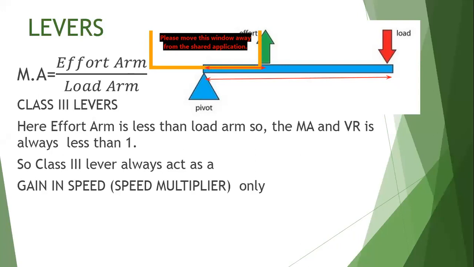In class 2, the load is in between the fulcrum and the effort. And in class 3, the effort is in between the fulcrum and the load. So remember what is in the middle.